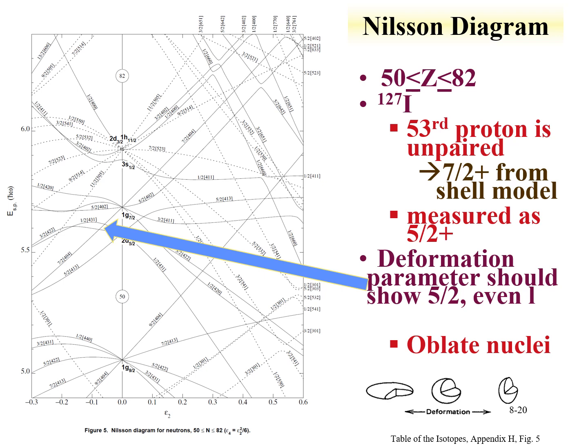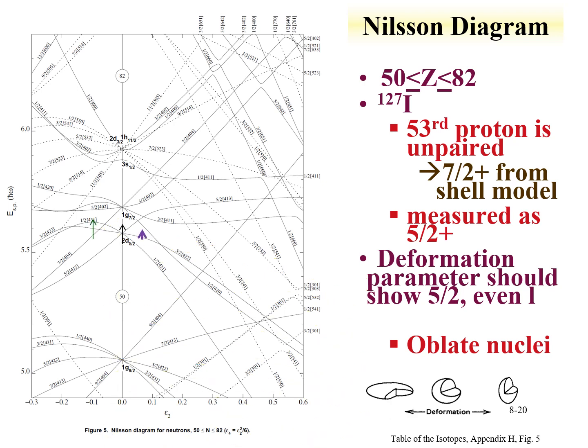That's the unpaired one. From the shell model, we would expect the spin to be 7/2 and the parity to be plus. The measured spin and parity for iodine 127 is 5/2 plus. So the deformation parameter should show 5/2 with an even L value.